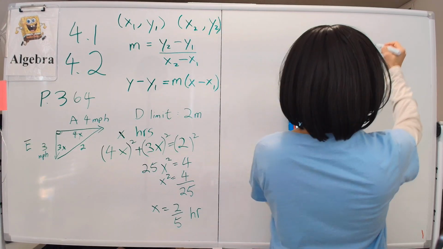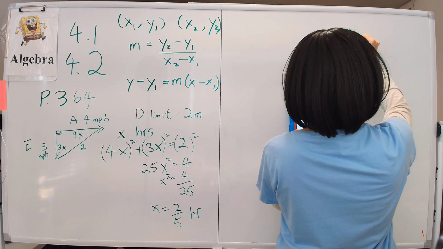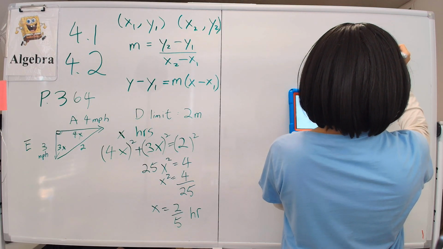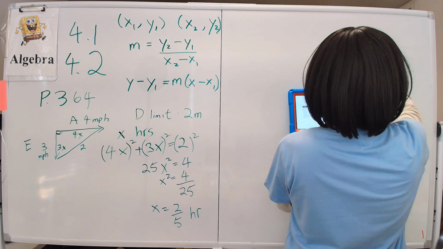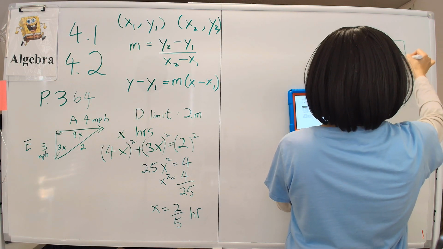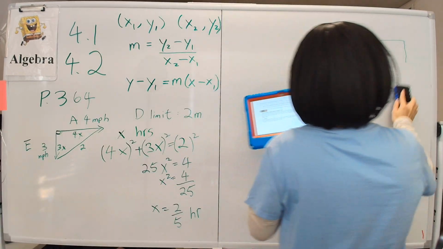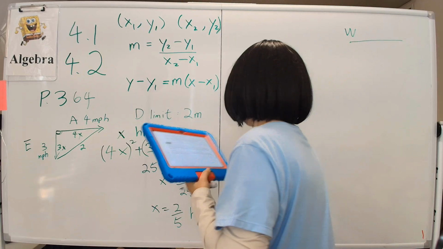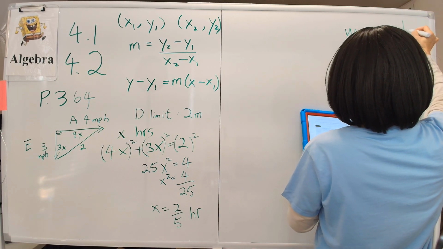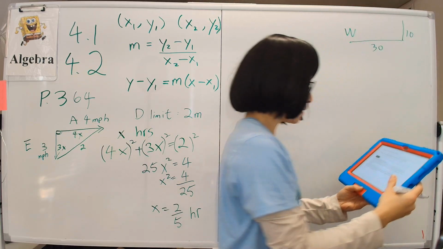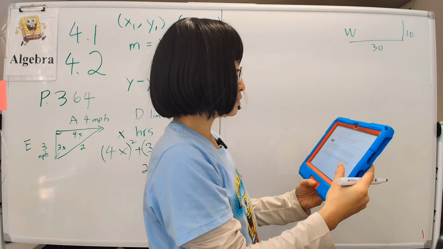Now we have the town W, Westboro or something like that, leading to town A, which is 30 miles east, and that's not all. It's also 10 miles north. So the town A is 30 miles east and 10 miles north.